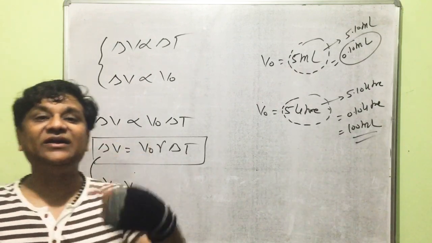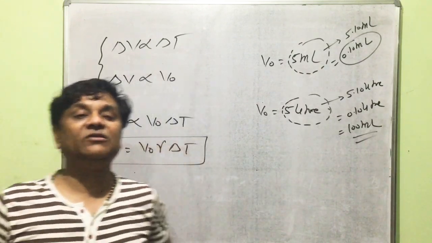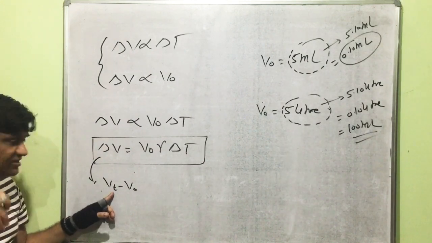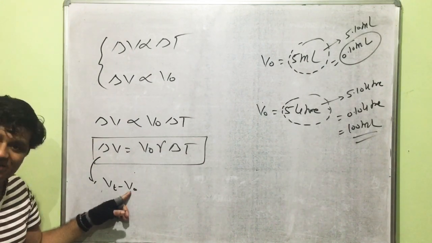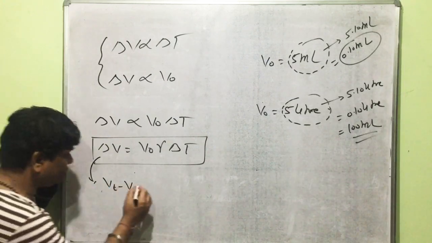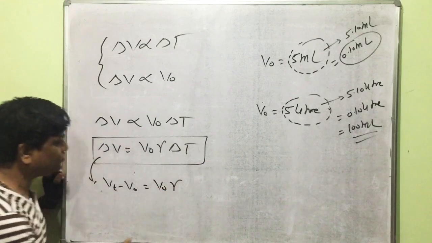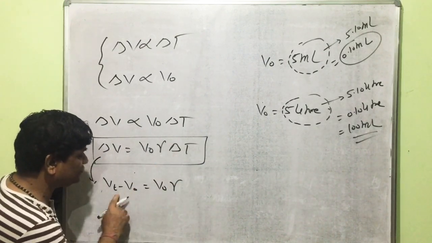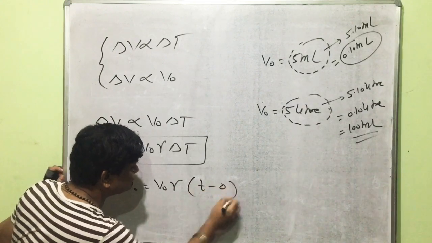Change is always final minus initial. So the final volume is at T degrees Celsius and the initial volume is at 0 degrees Celsius. So Vt minus V naught is equal to V naught into gamma into the change in temperature, which is T minus 0.